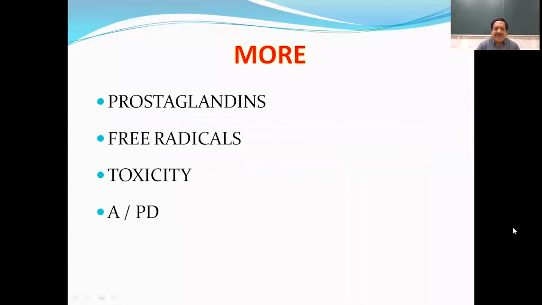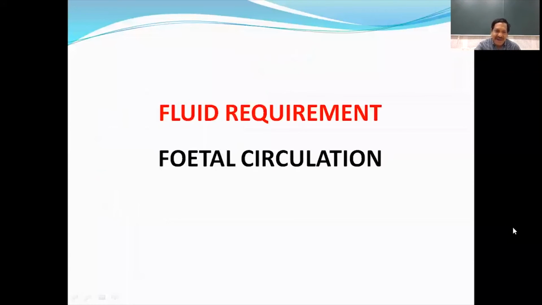Here in burns in pregnancy, more prostaglandins are produced, more free radicals, resulting in toxicity. It may end in abortion or premature delivery, depending on the term of the pregnancy. When you calculate the fluid requirement, based on the gestational age, we have to include the fetal circulation also.